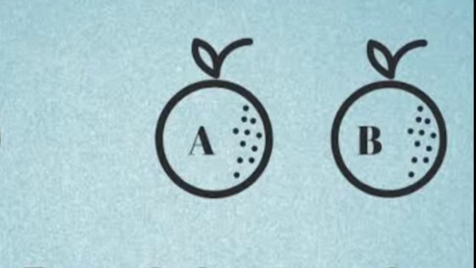Whereas in this test, two samples will be given to the panel member at a time and told this is A and this is not A. So the panel member should taste those two samples and remember which is A and which is not A. Then after removing that A sample and not A sample, another two samples or a single sample will be given to the panel, and the panel should taste the next given sample and say whether the given sample is A sample or not A sample.